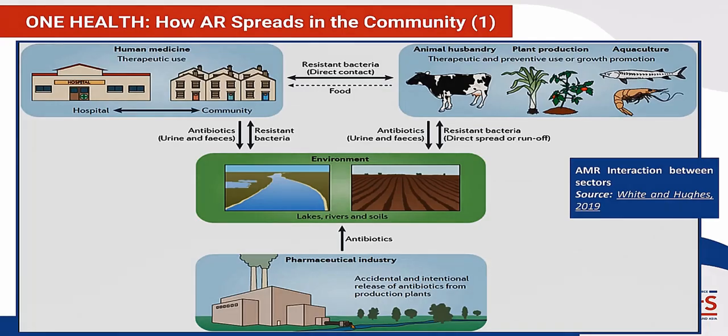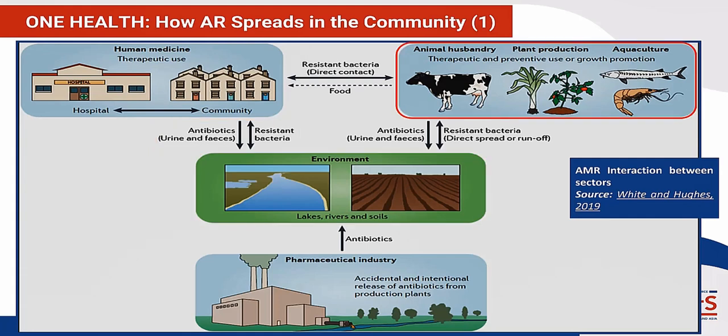Antibiotic residues are introduced in the environment in a number of ways. These include human health, therapeutic, and prophylactic use in human medicine, in health facilities, and in communities. Antibiotic residues are excreted by patients in urine and feces and eventually flow into the environment, which could be rivers, lakes, soil.